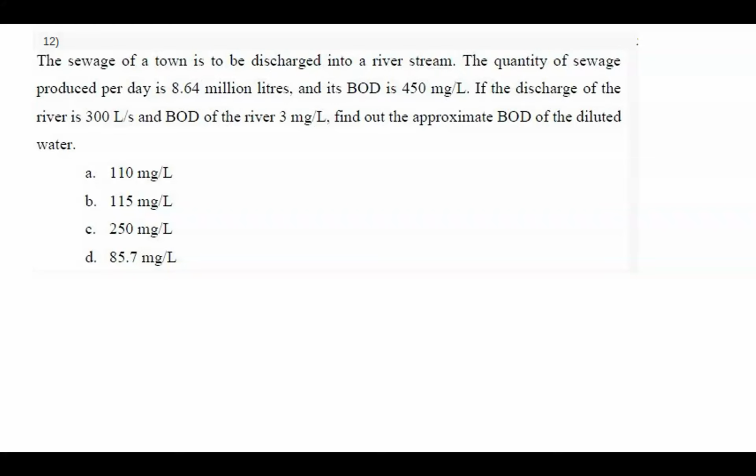Now, this is a simple question. The sewage of a town is to be discharged into a river stream. So there is a river. This is the river. The quantity of sewage produced per day is 8.64 million liters.